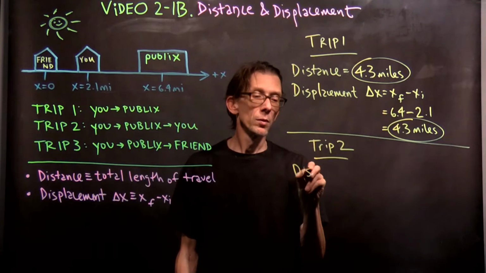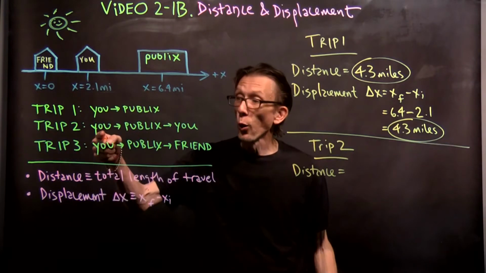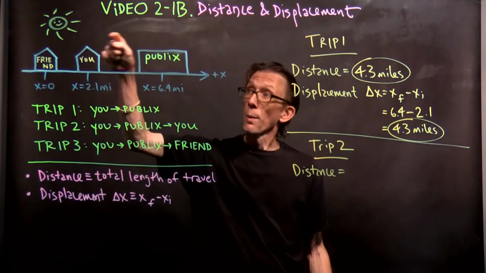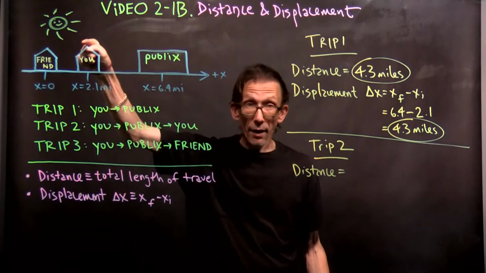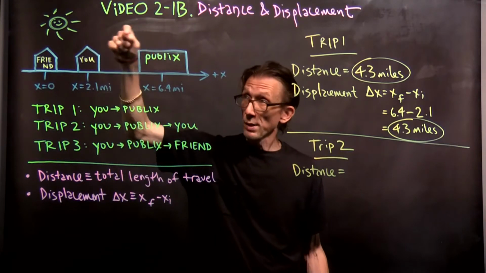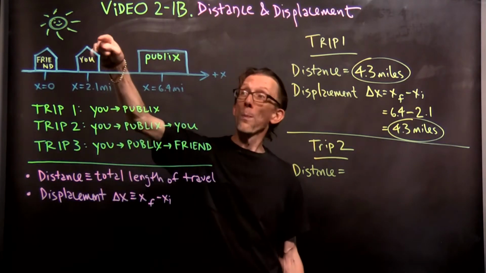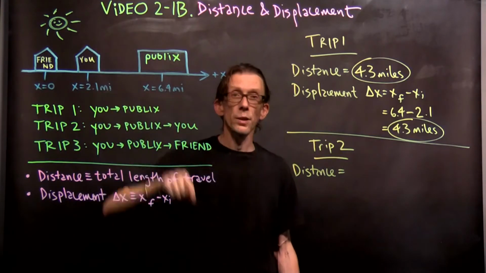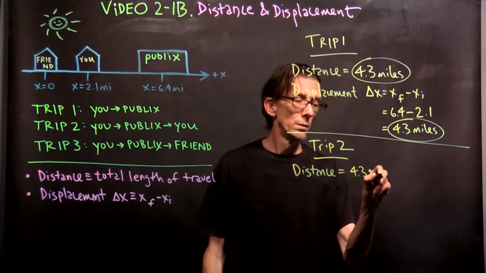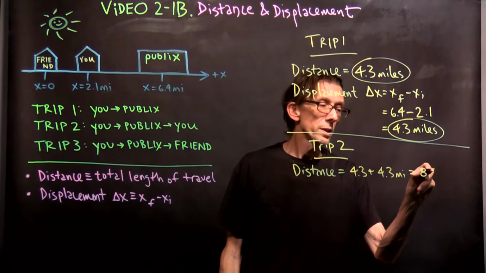Distance equals what? Well, what's trip 2? Trip 2 takes you from your house to Publix and back to your house. That's how I define trip 2. From you to Publix, back to you. So that distance is going to be 4.3 miles plus 4.3 miles, equals 8.6 miles.